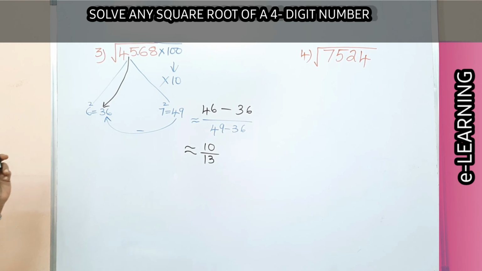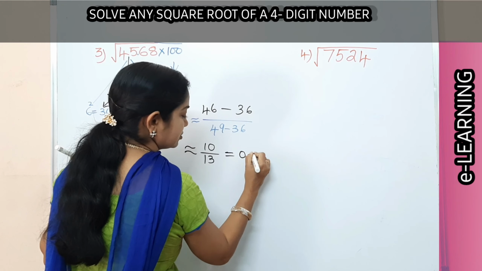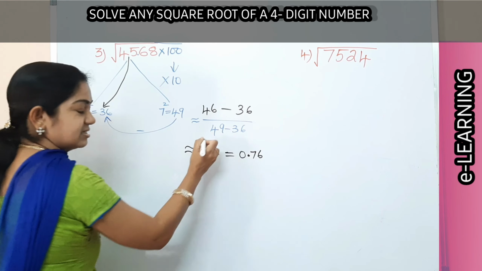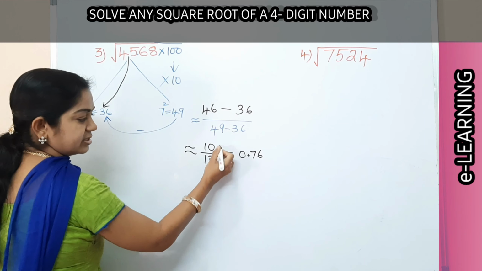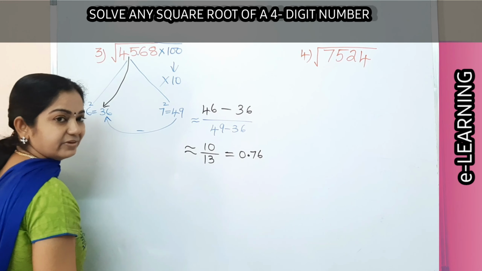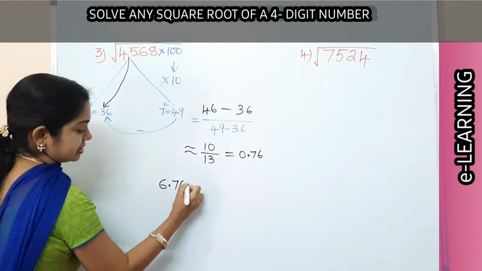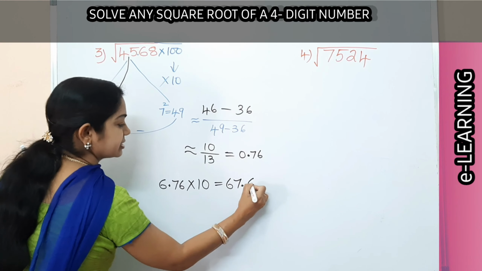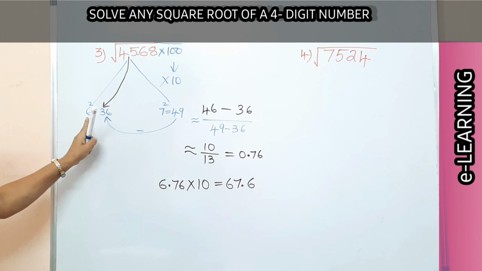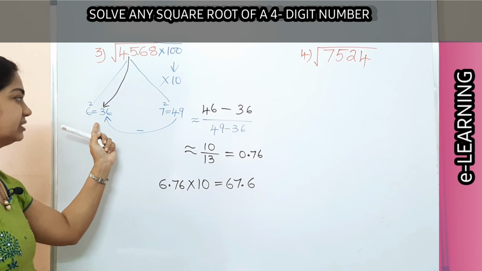Now this 10 upon 13, you can do it, so this comes to 0.76. 13 sevens are 91 if it is 100. So 0.76. Now the answer is 6.76 multiplied by 10, so that is 67.6.